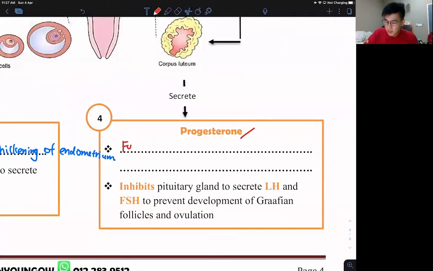Basically, you can say it further develops or further thickens the endometrium, so the first one is the same as estrogen, and also you can write the next one: and enrich it with blood vessels.